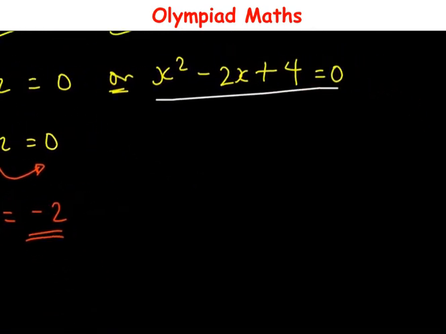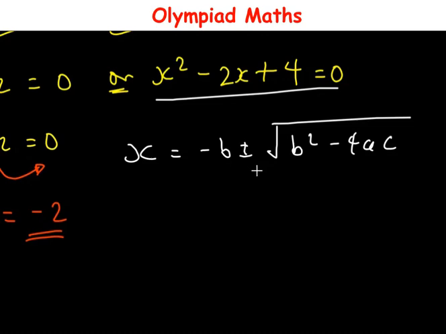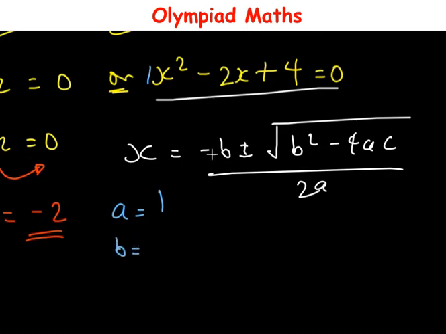So making use of the quadratic formula, which is given by x is equal to minus b plus or minus square root of b squared minus 4ac, all over 2a. Now, here, the value of a is the coefficient of x squared, which is 1. The value of b is the coefficient of x, which is minus 2. While the value of c is the constant, which is plus 4.